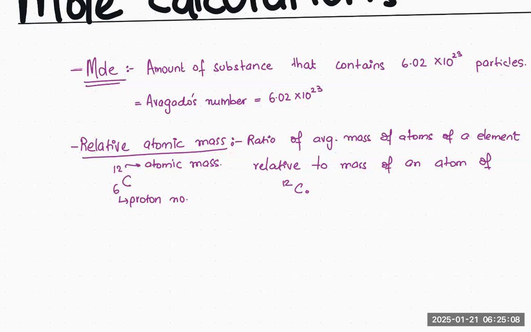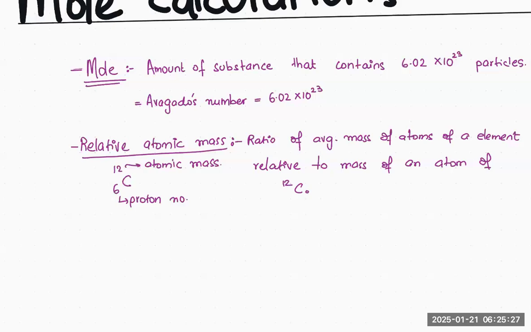So carbon-12 is not only really commonly found, but if you take all the isotopes of carbon and calculate the total mass, you still get the value of 12. So they went for carbon-12.